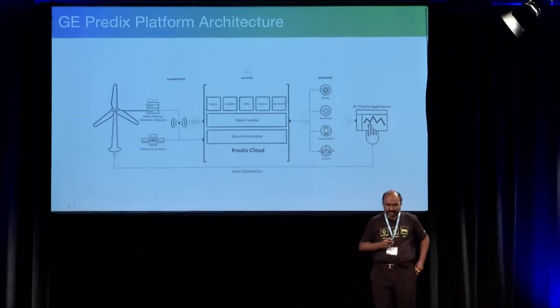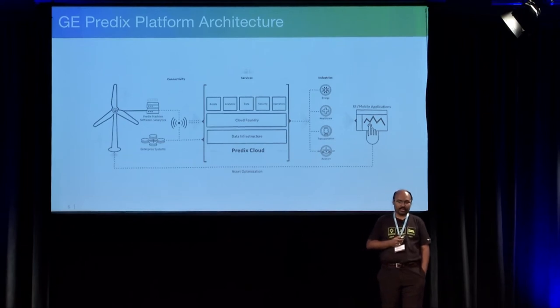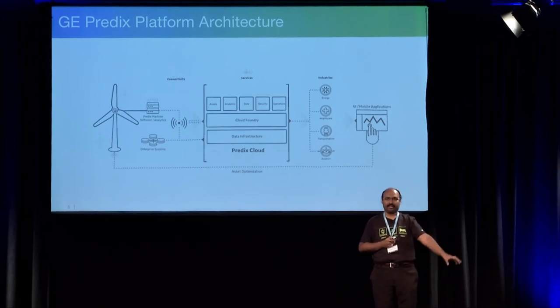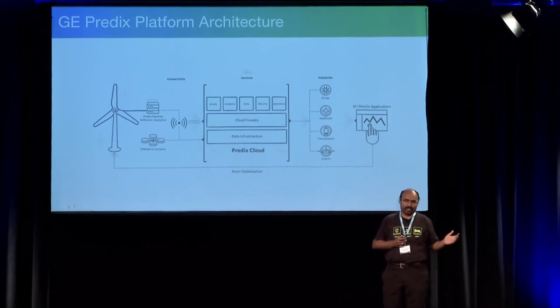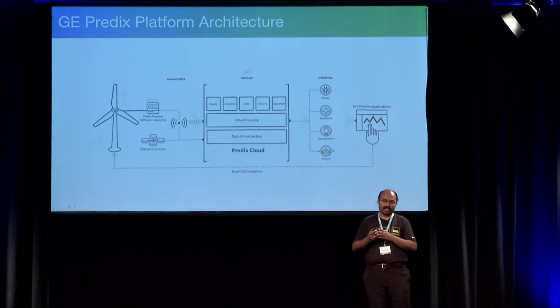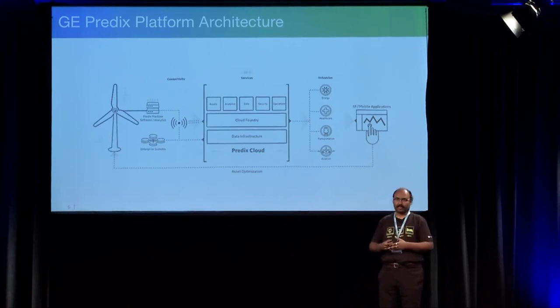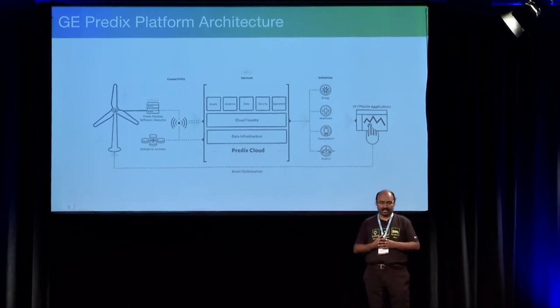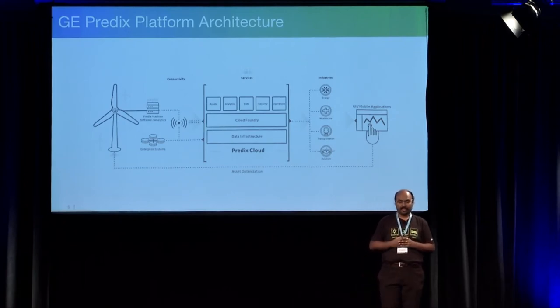So this is the Predix architecture. So what they do is they have what's called a Predix machine that they put on the customer site or the site where the data is being collected that pumps the data to the cloud, to the GE Predix cloud. And then they have a high-performance gateway there that's receiving this data and then distributing the data for different kinds of processing.